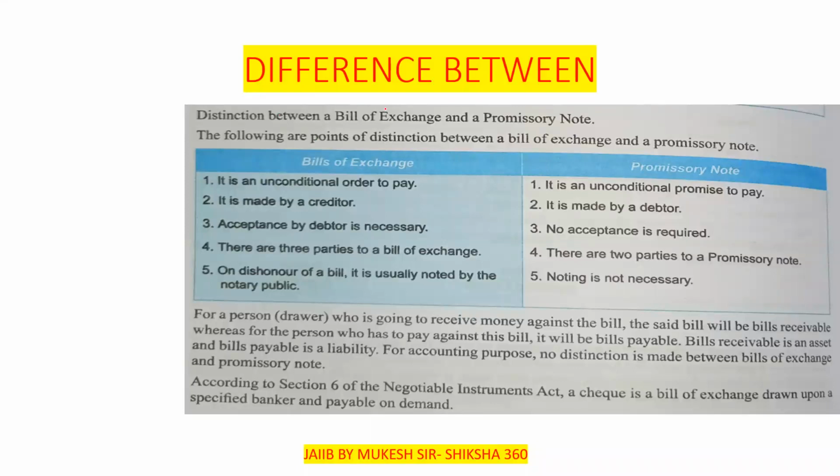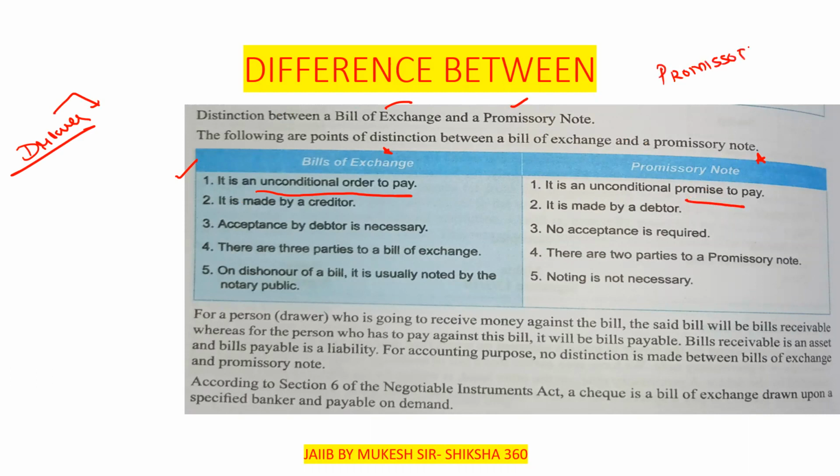The distinction between a bill of exchange and a promissory note, clear? A bill of exchange is an unconditional order to pay, drawn by the drawer, who is ordering the payment. A promissory note is an unconditional promise to pay.